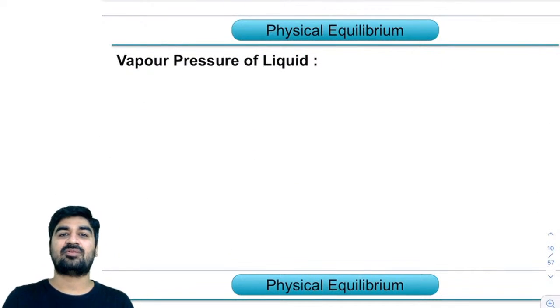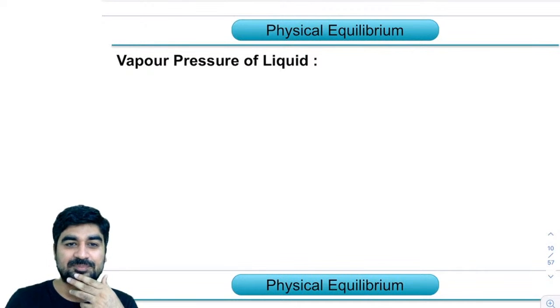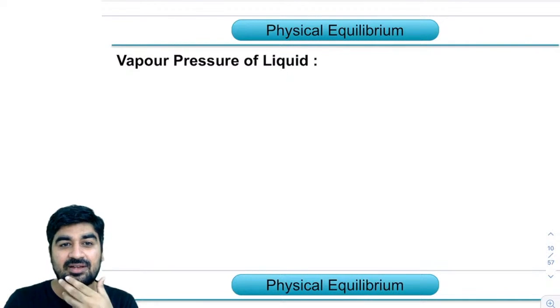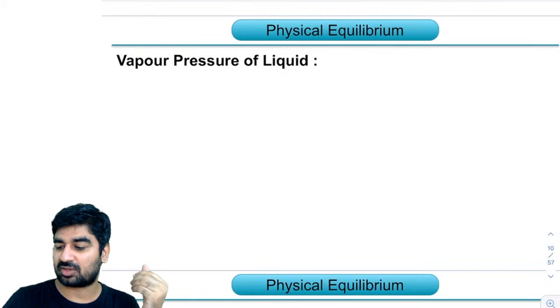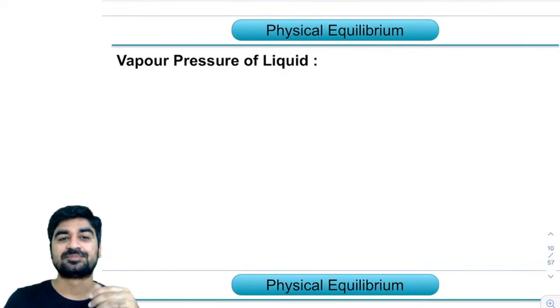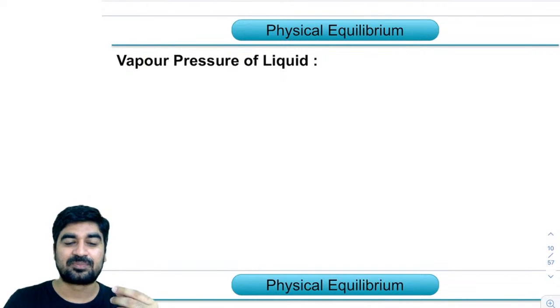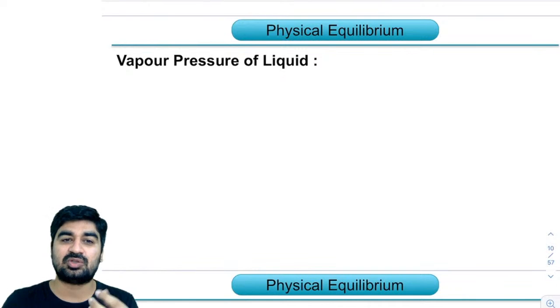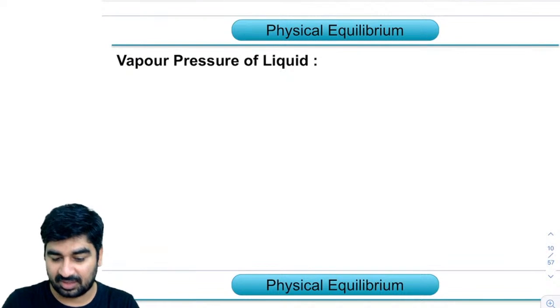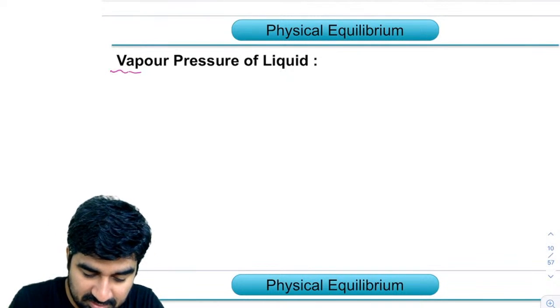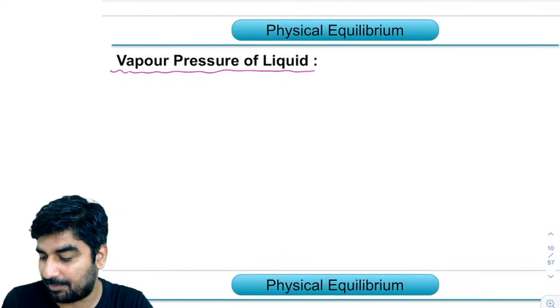So now I will discuss physical equilibrium. What is physical equilibrium? When we are talking about physical equilibrium, there will actually be no chemical change. And if there is no chemical change, what will happen?